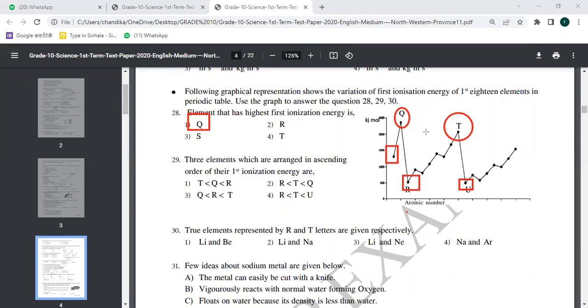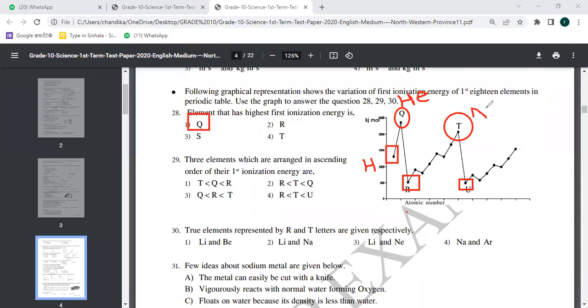Because out of all the elements, this is hydrogen. Helium has the highest first ionization energy. And after helium, what should be the second one?